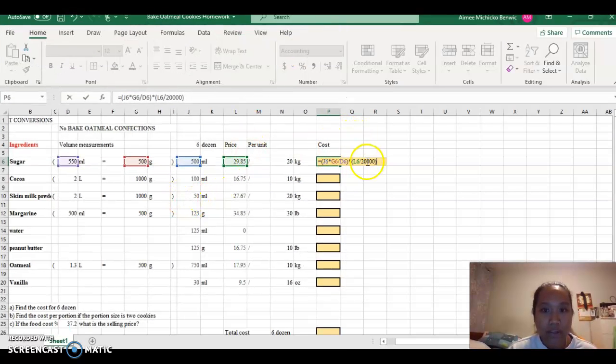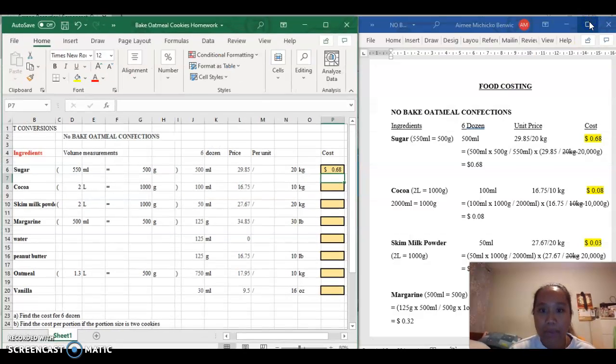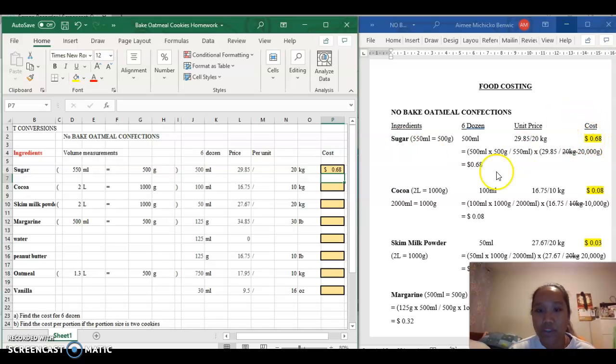I just click it here. I put the 20,000 grams here because either way, you can write it in the cell, or you can just type it in and then press enter, and that gives us 68 cents, which is the same as our paper calculation, 68 cents for the cost.